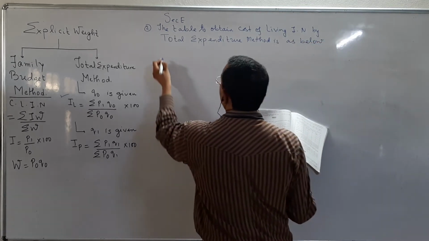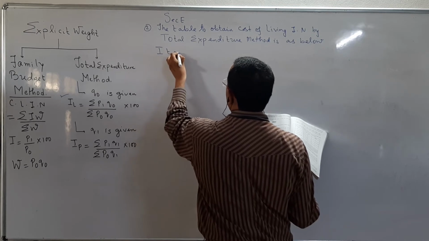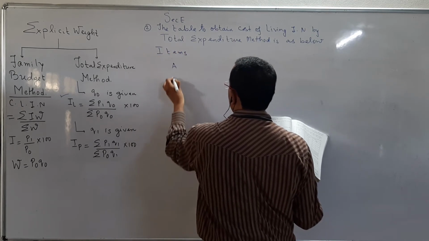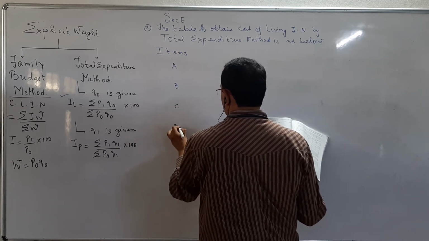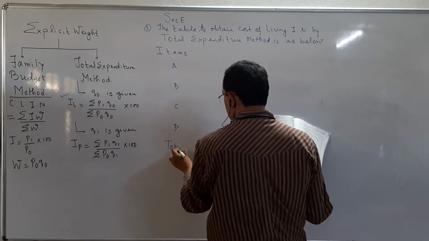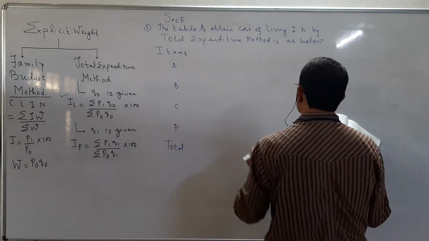The first column I made of given items, which are A, B, C and D, and then total. No unit given. Very good.